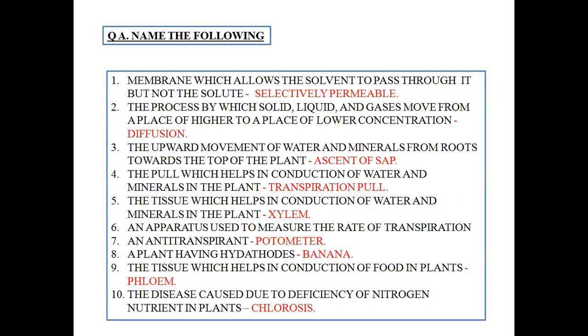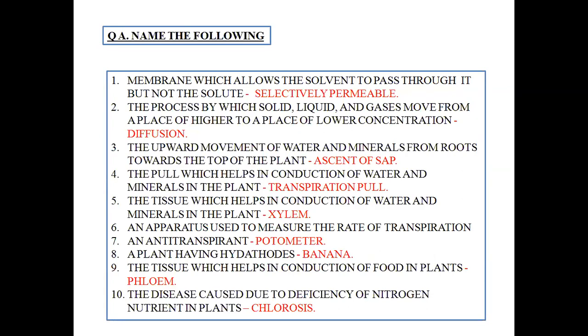The first part of the question is name the following. Now, the membrane which allows the solvent to pass through it but not the solute is known as selectively permeable.